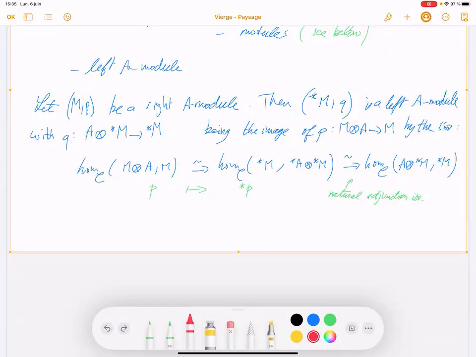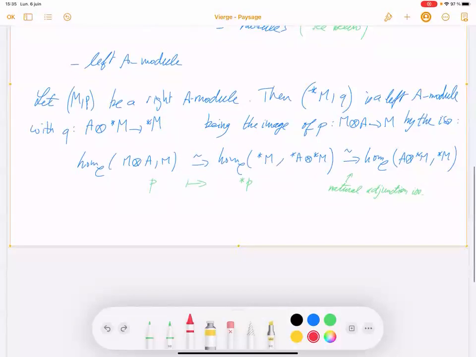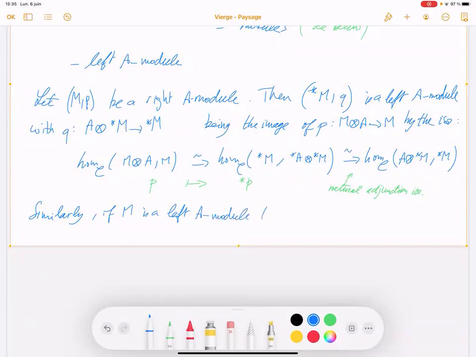So similarly, if you start from a left A module, using the left dual, you can get a right A module. Similarly, if M is a left A module, then M star, M dual is a right A module.